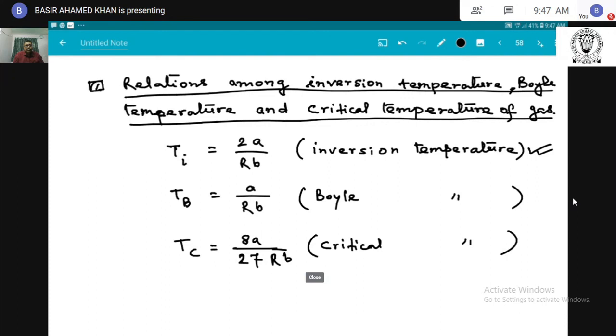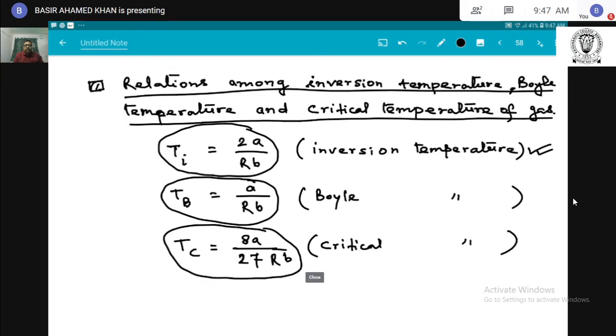If the initial temperature of the gas is below inversion temperature, the gas is cooled after JT expansion. This is the importance of inversion, boil and critical temperature.